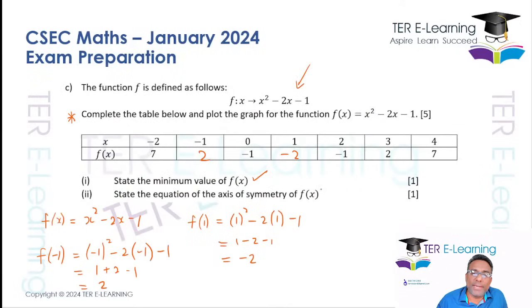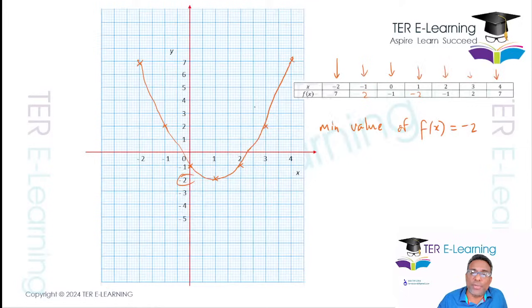And then the last part, they want the equation of the axis of symmetry. So remember, your axis of symmetry is that line that passes through your maximum or your minimum point. That's this line here, and if you notice, it's passing through 1. So the axis of symmetry is x equals 1.